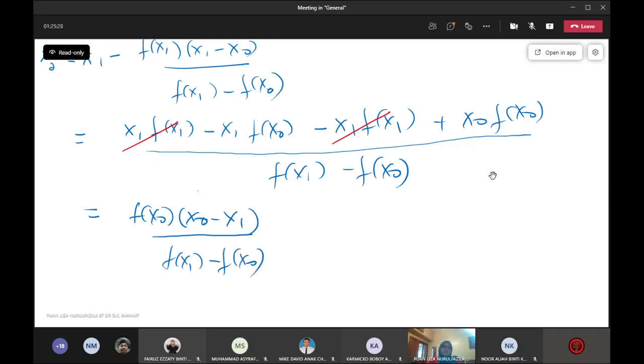So if you see this kind of formula, it's also acceptable, because it's just a manipulation of the original formula. The basic one is this one. This is how we started, and then we do some algebraic manipulation.